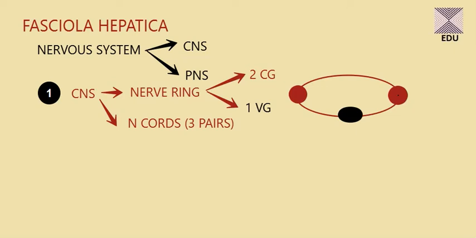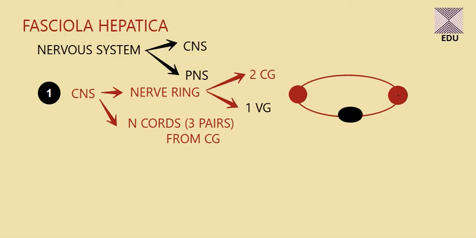Now after this ring, we are talking about the nerve cords. These are three pairs, and these three pairs of cords arise from the cerebral ganglia. They are coming out from the cerebral ganglia.